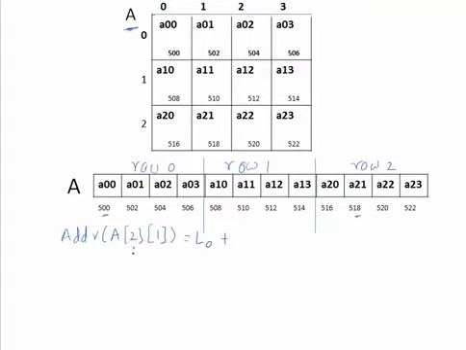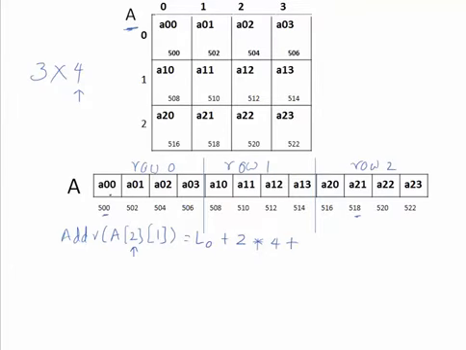Now it has to go to the second row, so you should skip two rows, first row and second row. And in each row, how many elements are there? The dimension of this array is 3 by 4, so each row is having 4 elements. So this is 4.